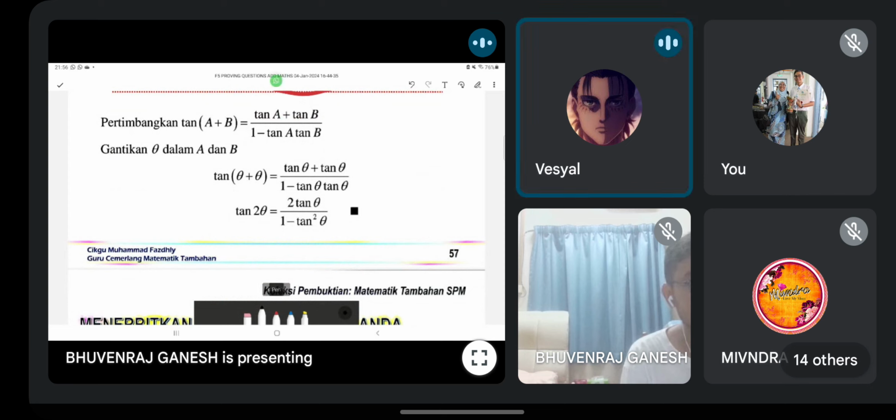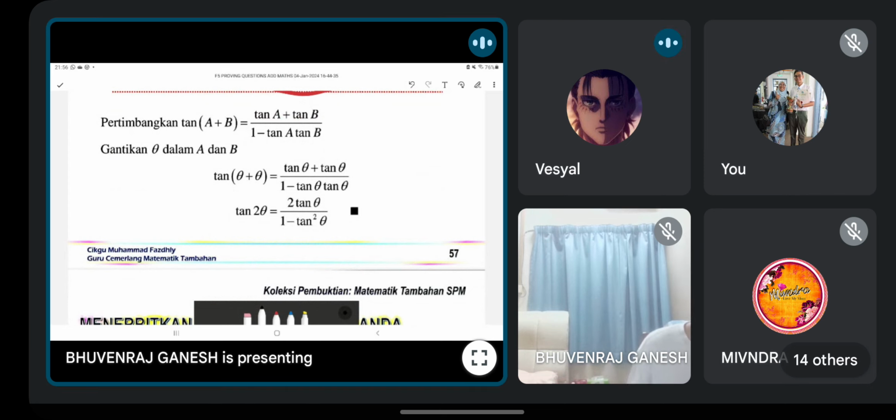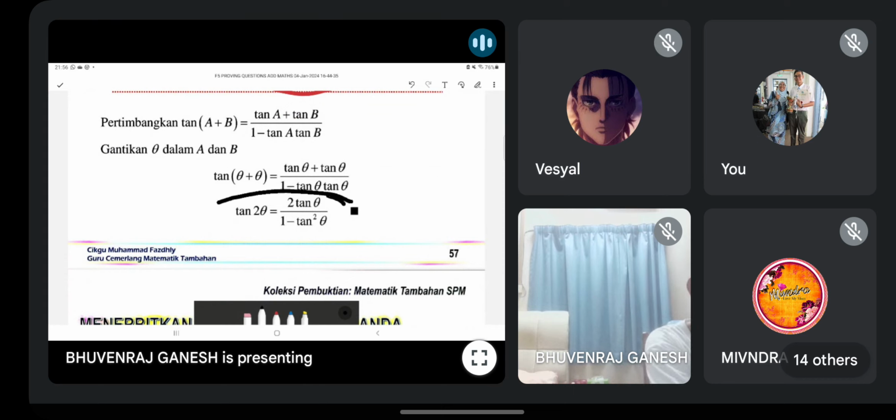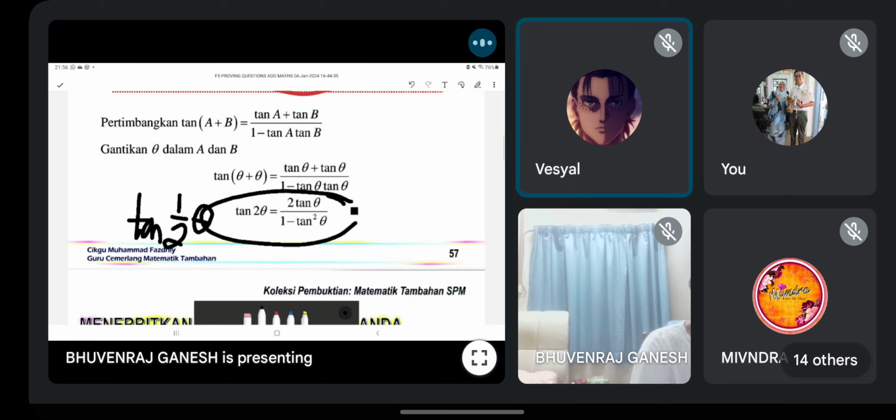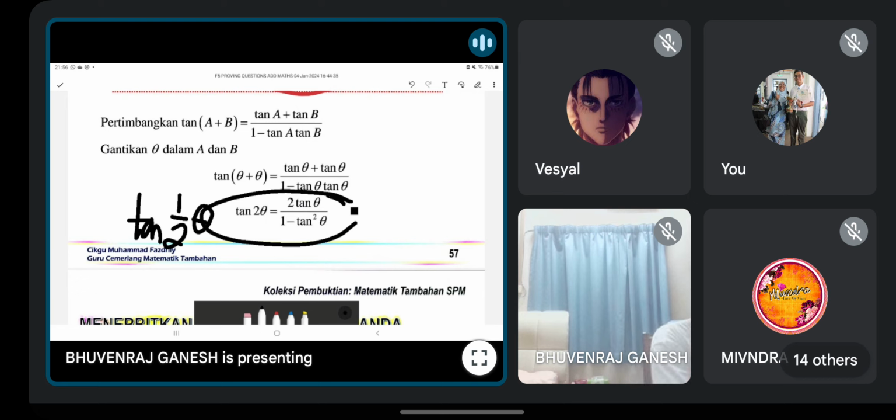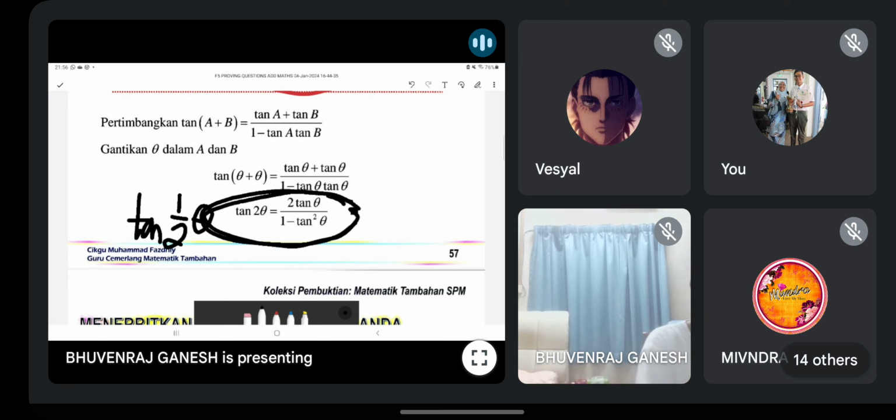Boon, is the half angle formula proven here in this PDF? Half angle, basically you can modify directly lah. From this formula, you mean tangent half theta, right? Yeah, that one no need to prove. You directly modify from this based on the ratio of the angle. Theta plus theta, you get 2 theta.